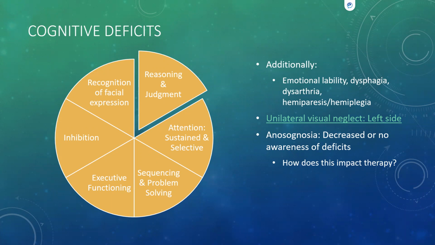You'd have difficulty getting that buy-in. You'd have difficulty helping them see the point of why they need to be in therapy. They may have a hard time understanding why they need to do homework, why they need to keep coming. They might not have the ability to see their progress over time. So that could really impact their recovery.